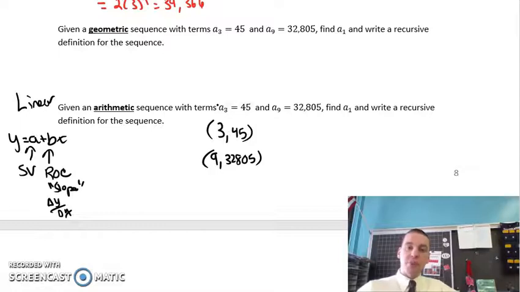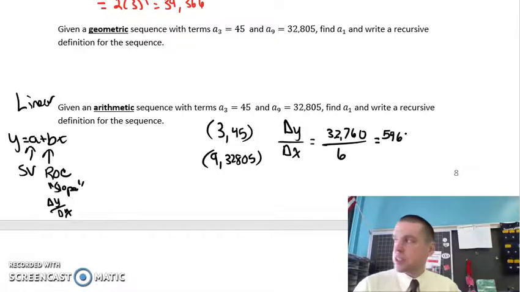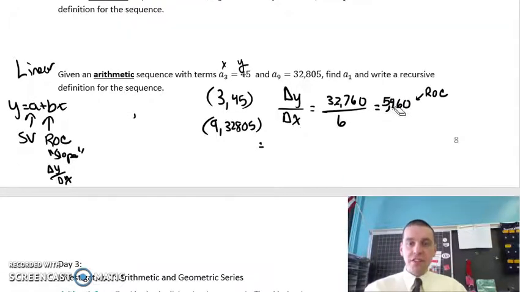We can write them as points: our input and our output, as we talked about the first day of the lesson. So we find change in y over change in x, which is 32,805 minus 45, which is 32,760, divided by 6, which is 5,460. The 5,460 is our rate of change.